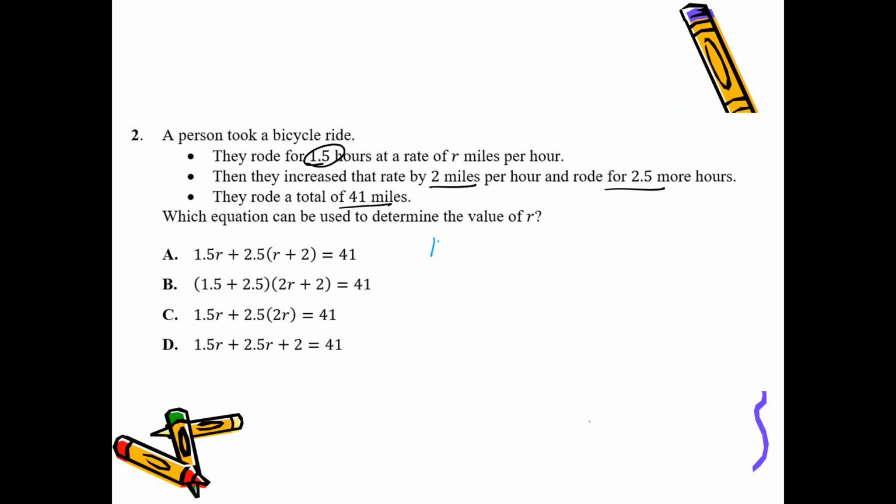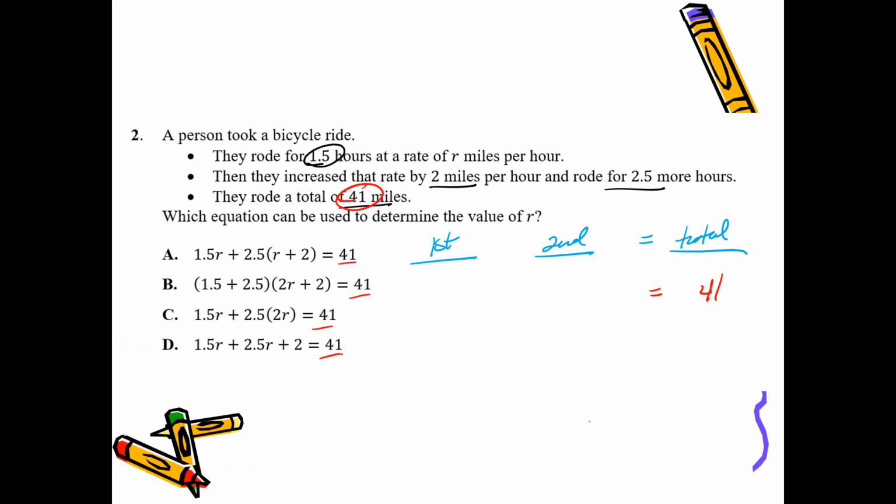So you're going to have 2 equations. Here's your first one, here's your second one, and here's your total. That's how we're going to section it off. I already know that they rode a total of 41 miles, so the first one plus the second one has to equal 41. Unfortunately, all of the answers have 41, so that doesn't help.